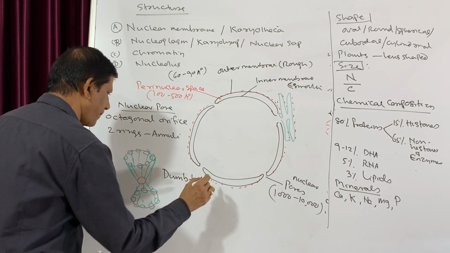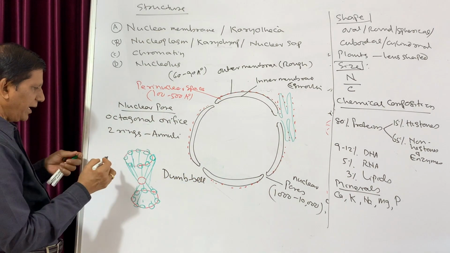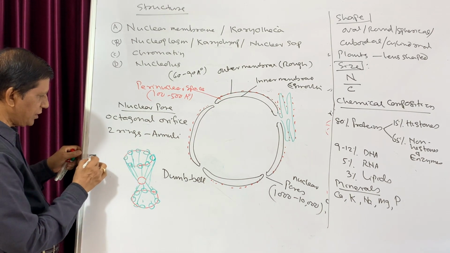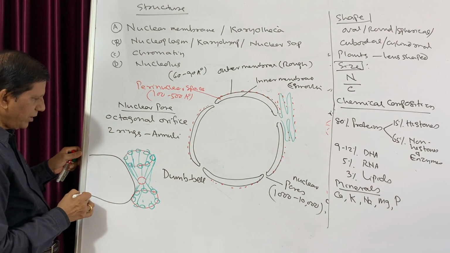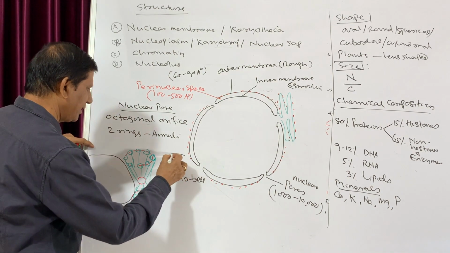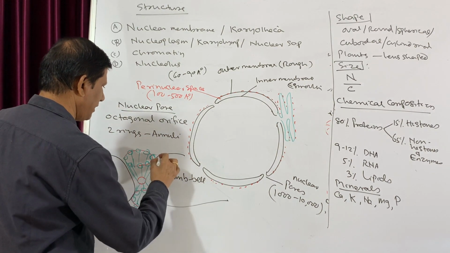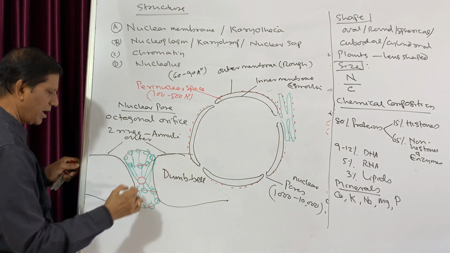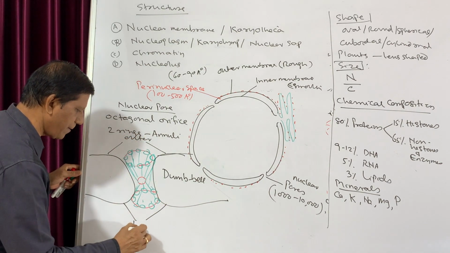That means on this side the outer membranes are present. This is one outer membrane. This is the outer one. This is the inner one on one side, and this is the other side. That means these two are outer membranes, and these two are inner membranes.